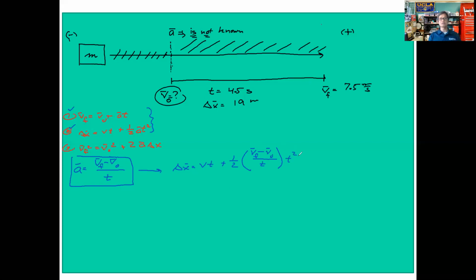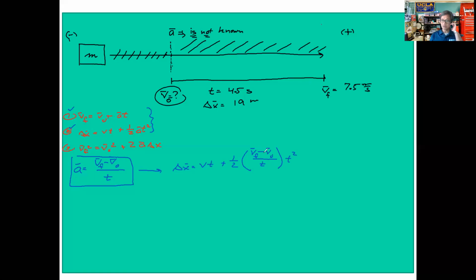Since this is acceleration and that's acceleration, the A's are the same. We rearranged the first formula to find out what A is, and now we can substitute it in for the A right here. And that's what we have at this point.